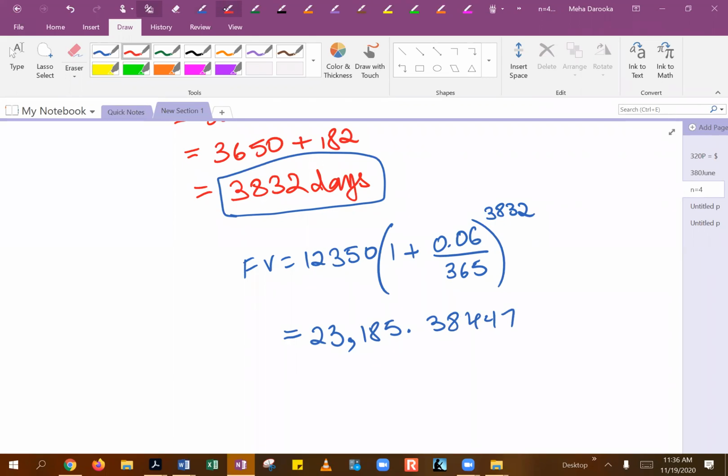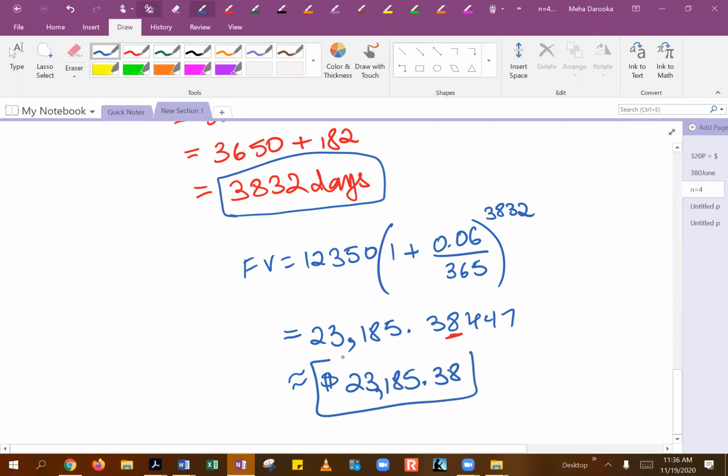So again, when you round it to the nearest cent, since you have 0.384, that 4 really doesn't change your answer. So very nice, Isabel. 23,185.38.